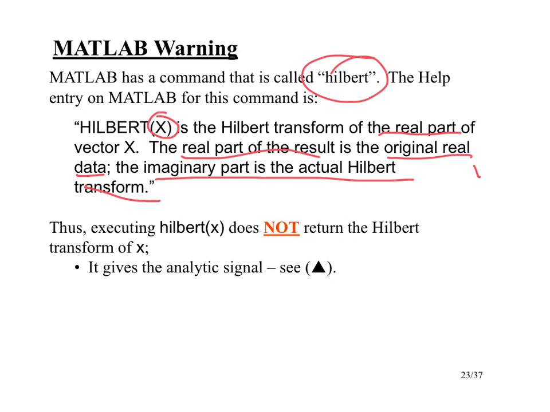So what they're telling us here is that what Hilbert actually computes is the analytic signal. So just be aware that the Hilbert command doesn't give you the Hilbert transform, it gives you the analytic signal. If you really want the Hilbert transform, apply the Hilbert command and then extract just the imaginary part, and then you have what you want.